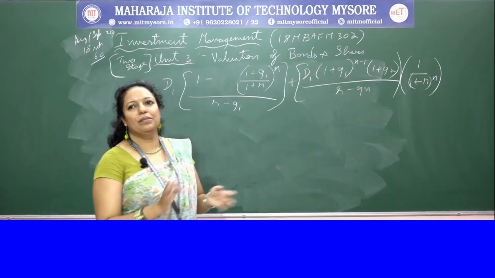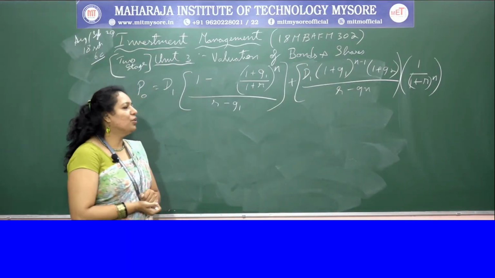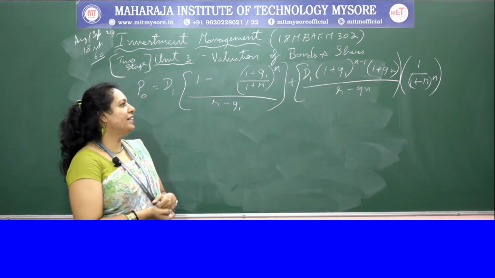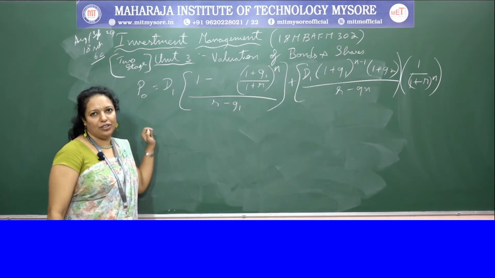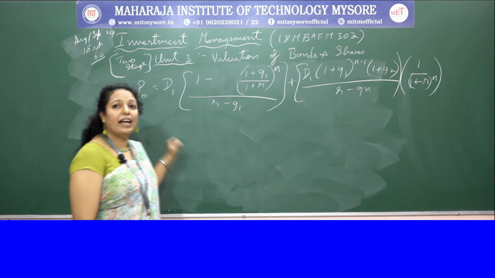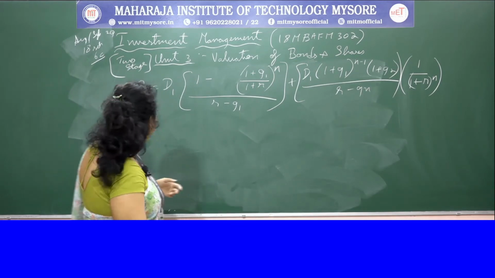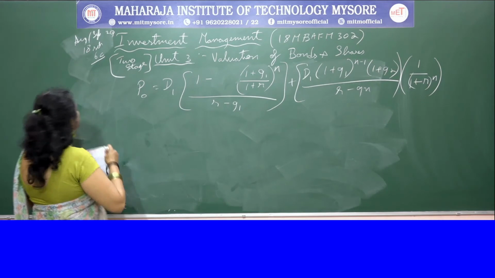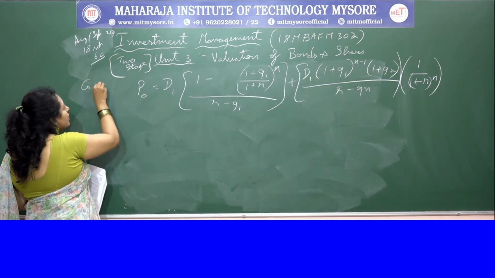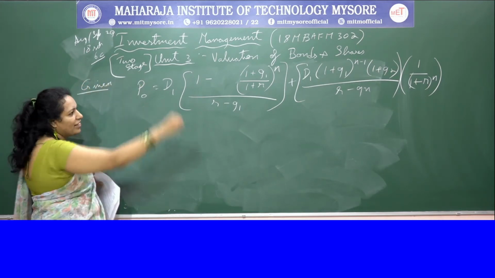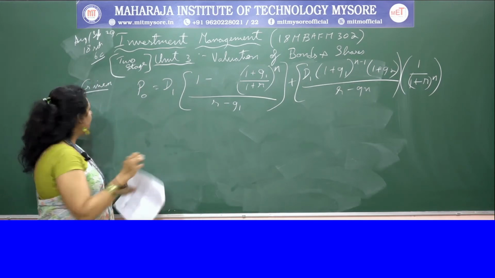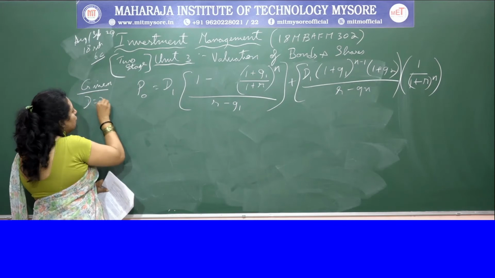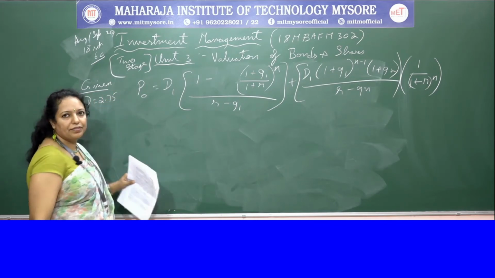So in this problem, they have asked us to calculate the present value of the stock, which is nothing but P naught. Okay, let's write down the given information first. In the question paper, I'll write the given here because there I've written the formula completely. First, they have given dividend is 2.75.